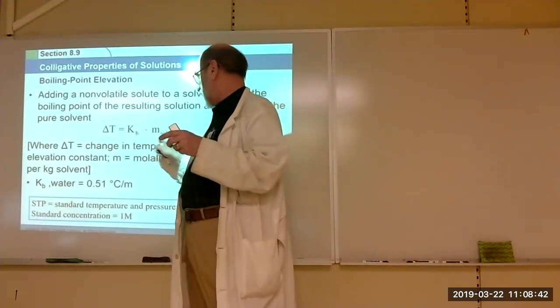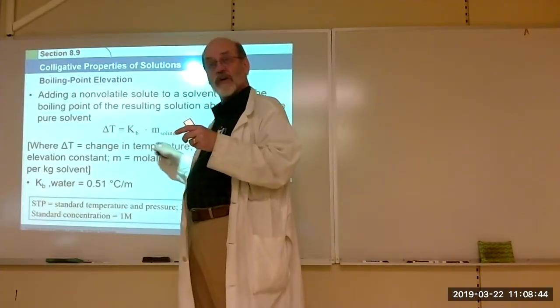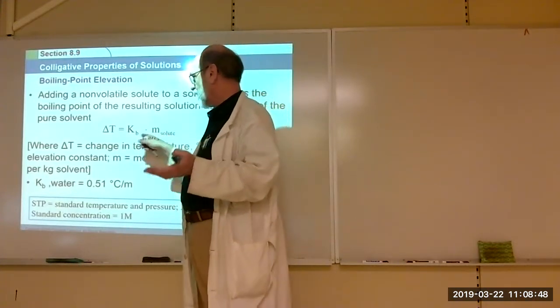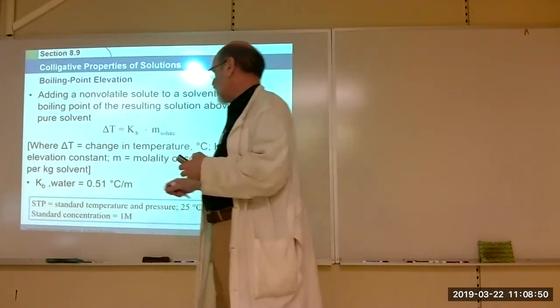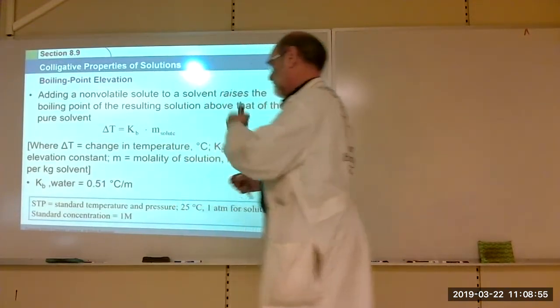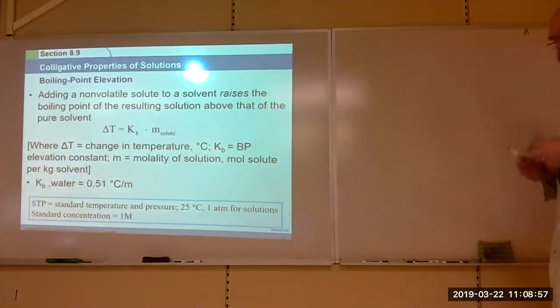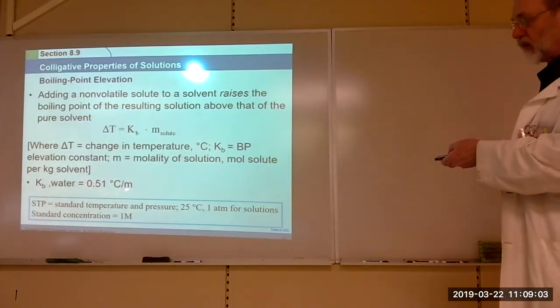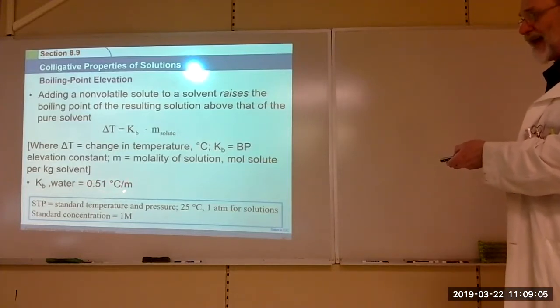So we want an expression of concentration that doesn't respond to temperature. That's why we use molality. And then this value is characteristic of the solvent. And it's different for every solvent. You have to be given that value. For water, it's 0.51 degrees centigrade for every molality.